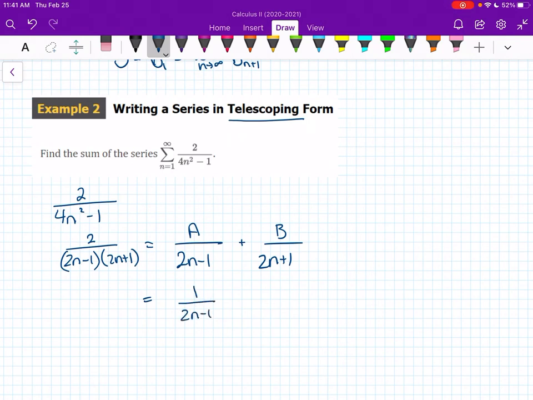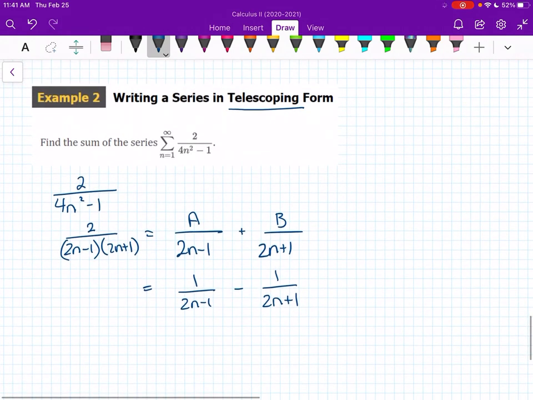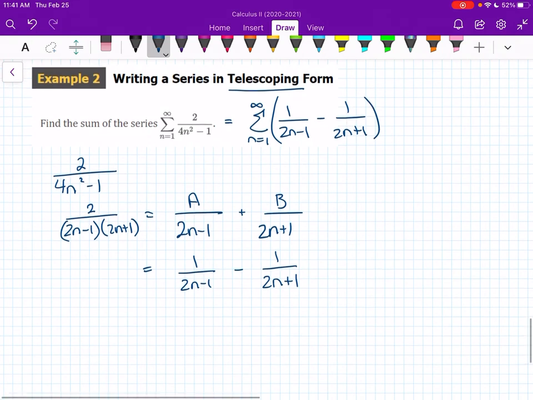So we get 1 over 2n minus 1 minus 1 over 2n plus 1. So then I can see that this series is the same thing as the series from n equals 1 to infinity of 1 over 2n minus 1 minus 1 over 2n plus 1.